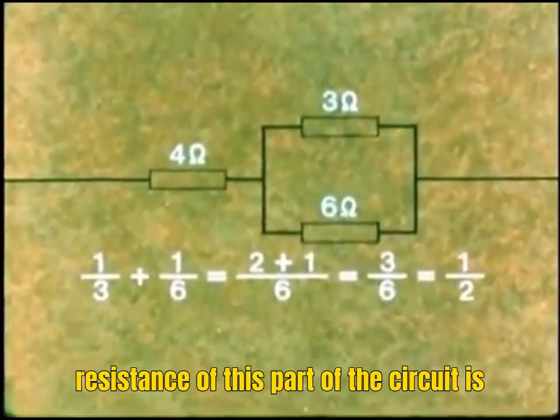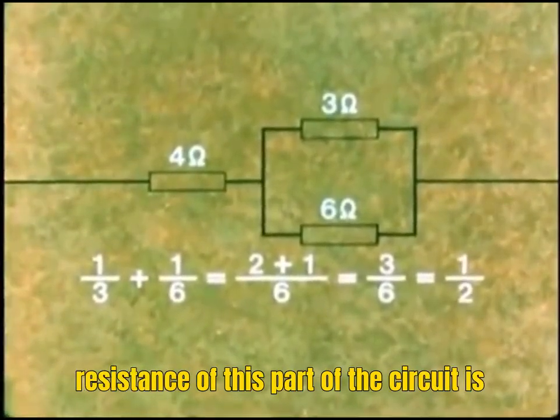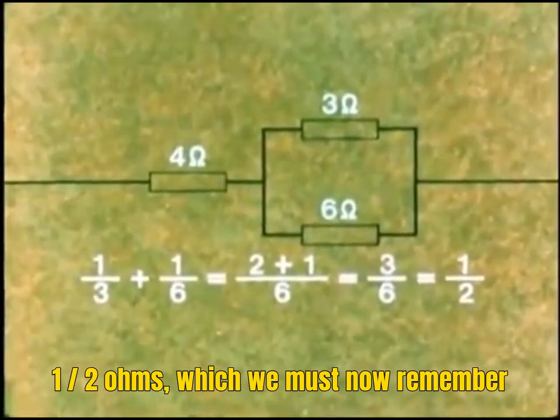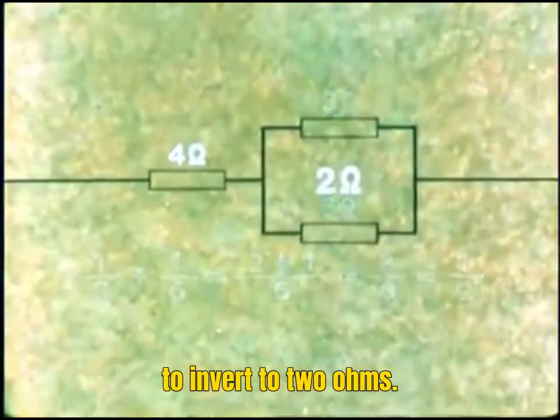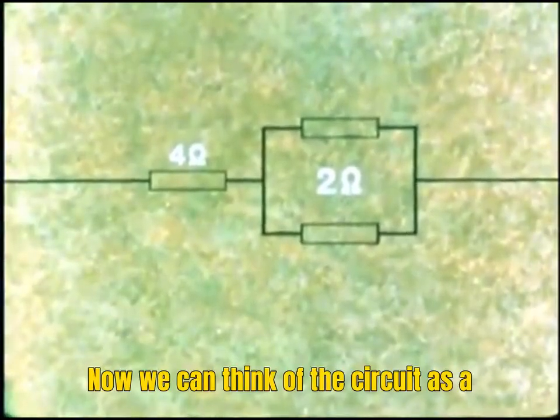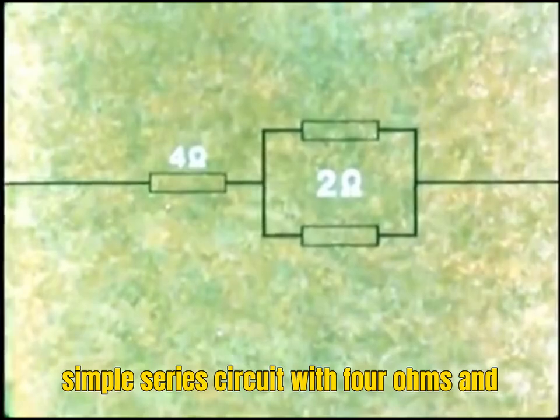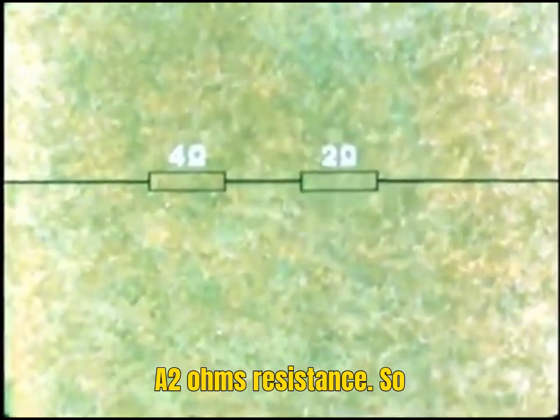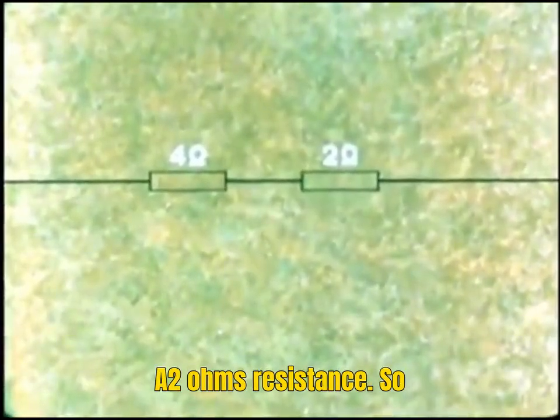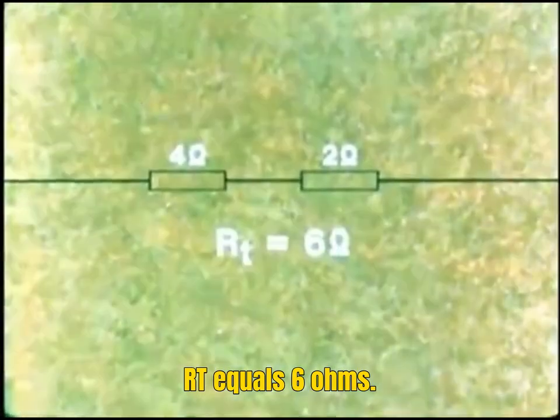So the resistance of this part of the circuit is 1 over 2 ohms, which we must now remember to invert to 2 ohms. Now we can think of the circuit as a simple series circuit, with 4 ohms and a 2 ohms resistance. So RT equals 6 ohms.